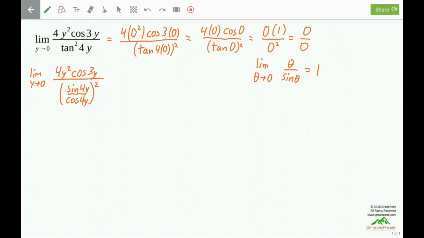Now, since we have a fraction in the denominator, our next step is to reciprocate that fraction in the denominator and multiply it with the numerator. So that'll be limit as y goes to 0 of 4y squared cosine of 3y multiplied with the reciprocal, which is going to be cosine of 4y over sine of 4y quantity squared. We can put the original expression over 1 to also make it a fraction.